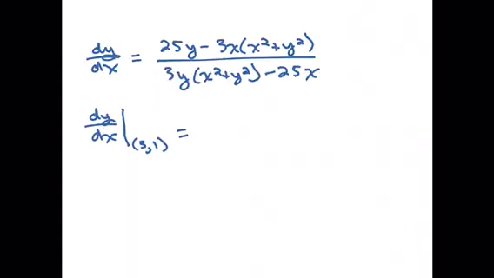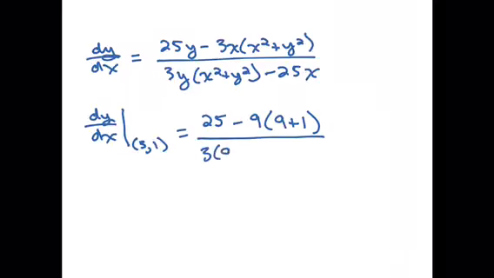And when we plug those in, y is 1. I get 25 minus 9 times (9 plus 1), x is 3, over 3 times (9 plus 1) minus 25 times 3 is 75, gives me 13 over 9, which meaning-wise would be the slope of the tangent line to the curve at the point (3, 1).